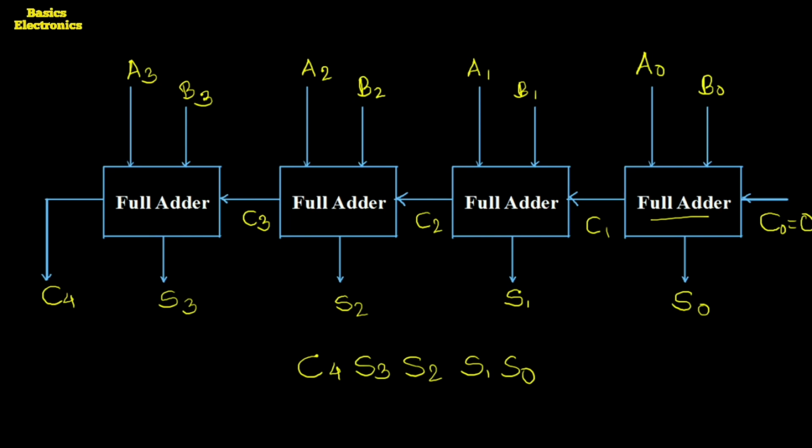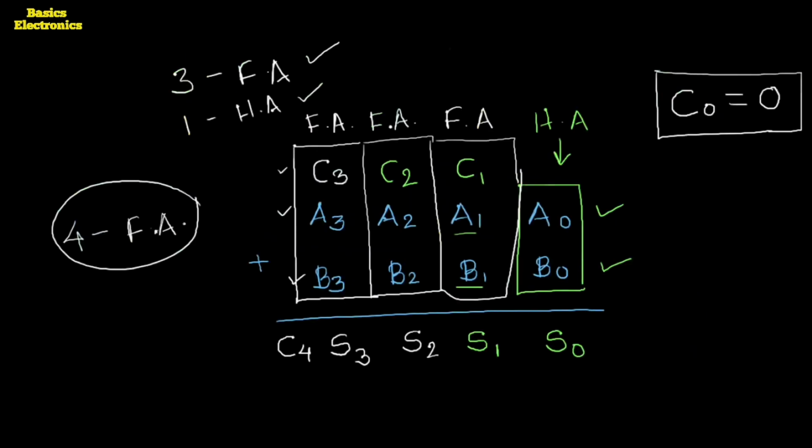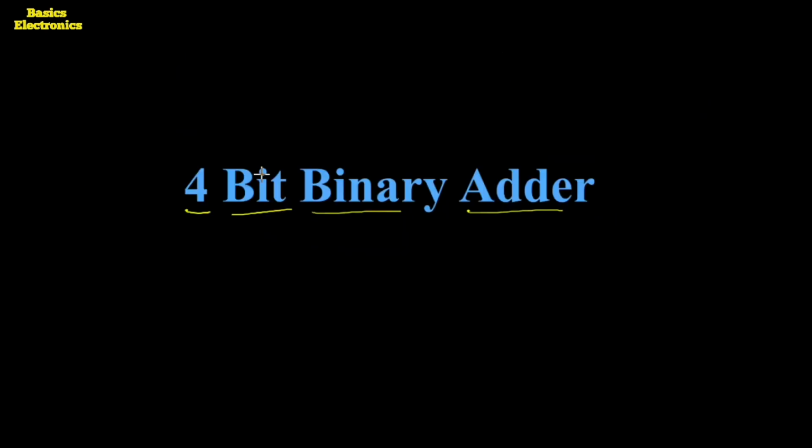Okay, so this is a 4-bit binary adder, which performs the addition of two 4-bit binary numbers. The first binary number is A3, A2, A1 and A0.